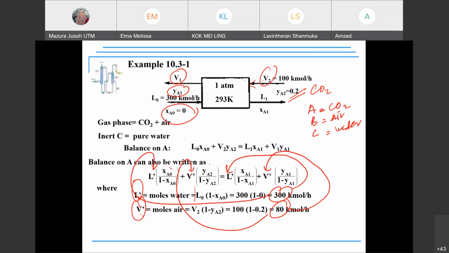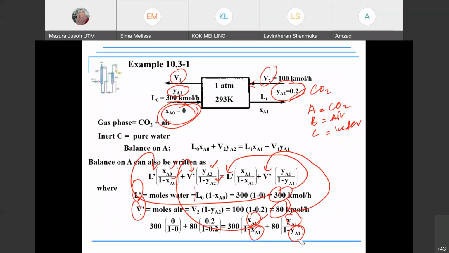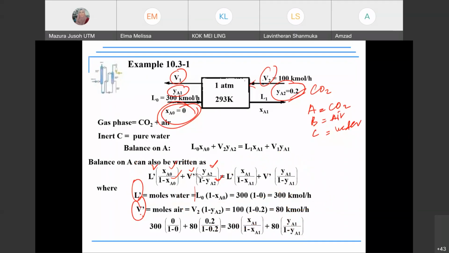And you put all the known information. You know XA naught, which is this. You know YA naught, which is that. From there, your final equation will become like this, which only contains 2 unknowns, like I said before. So you can calculate everything. What you have as unknowns are XA1 and YA1.